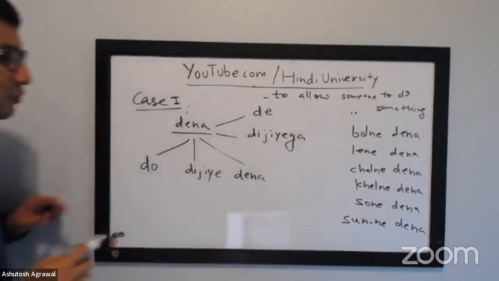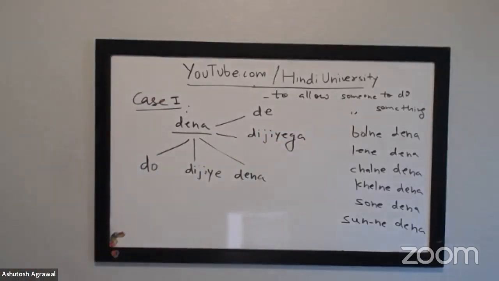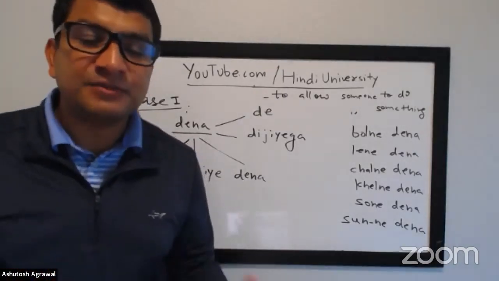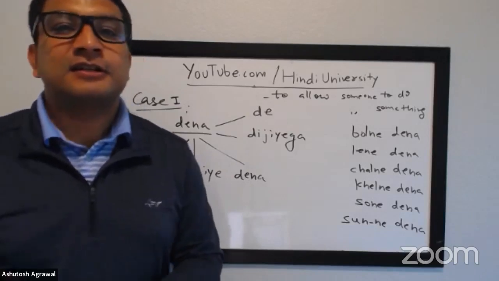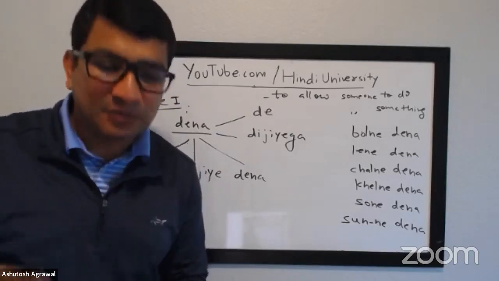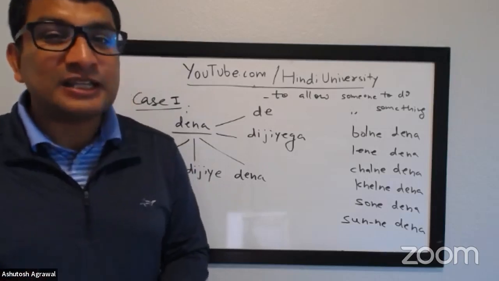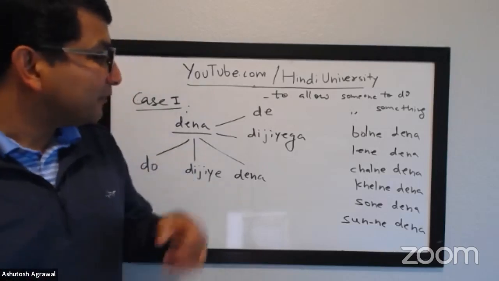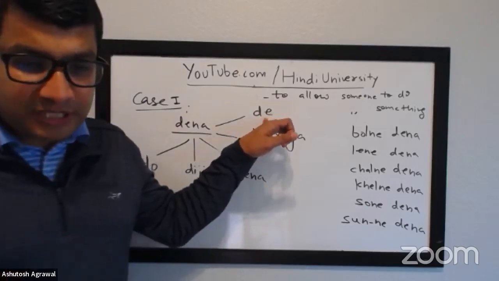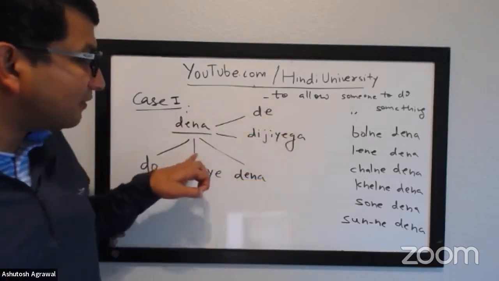So for those who do not recall imperatives, it's basically you are making a request. Let's say I'm sitting next to you and there is a book close to you. I'm like, kitab dijiye, so give me the book. You can also say kitab do. If it is a very close friend to you, like, kitab de. So these are nothing but imperative forms of Dena.